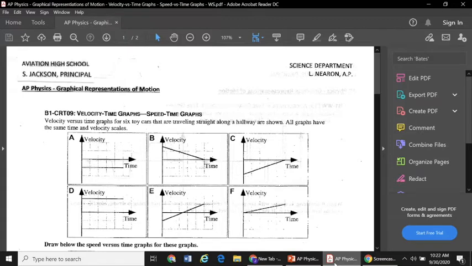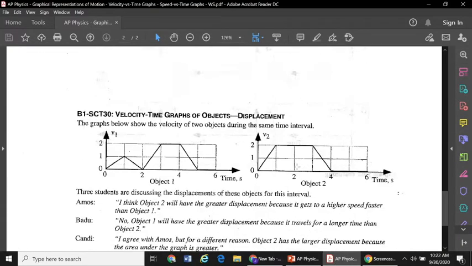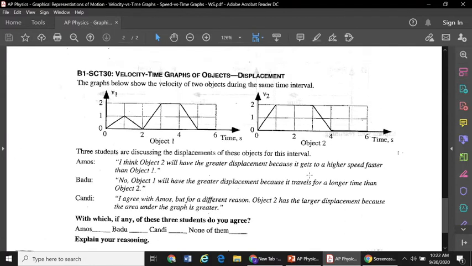It is a long name. If you can't see the whole name because it got cut off, it's the worksheet with these 6 velocity versus time graphs shown at the top. And we're actually going to work on this worksheet almost in reverse order. So I'd like you to scroll all the way to the bottom, because the first problem I'd like you to look at is B1 SCT30.